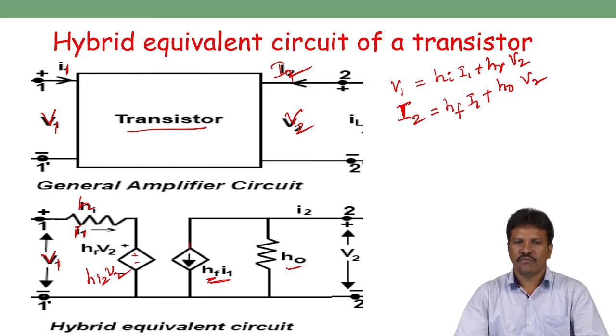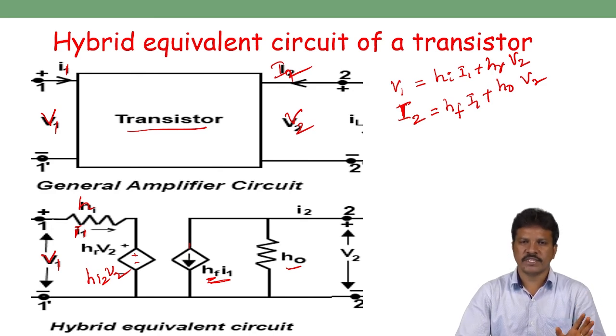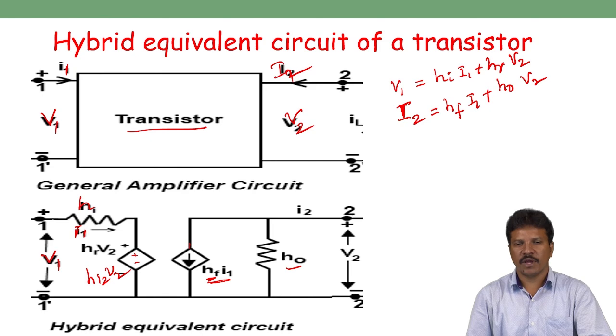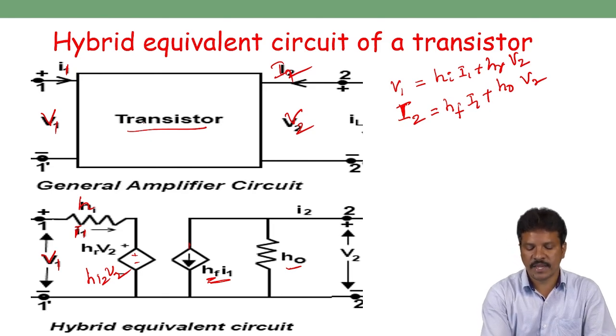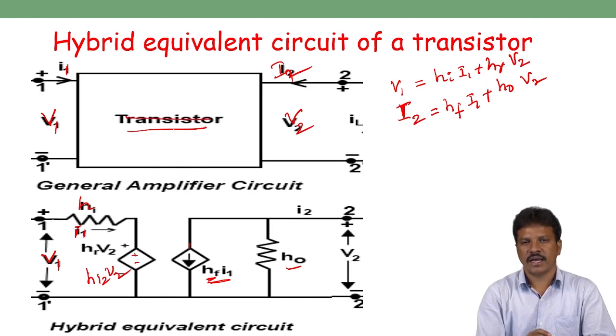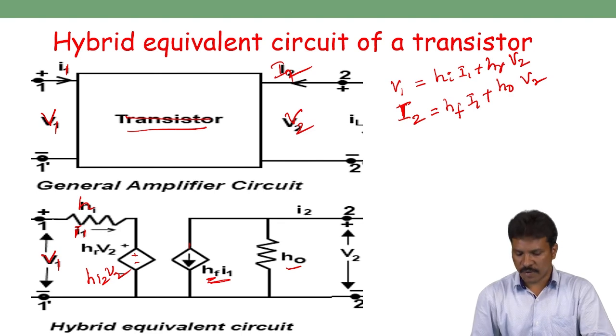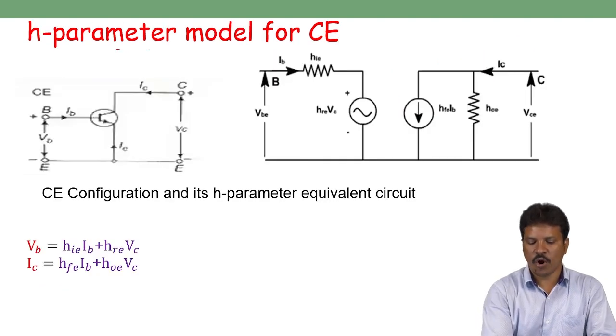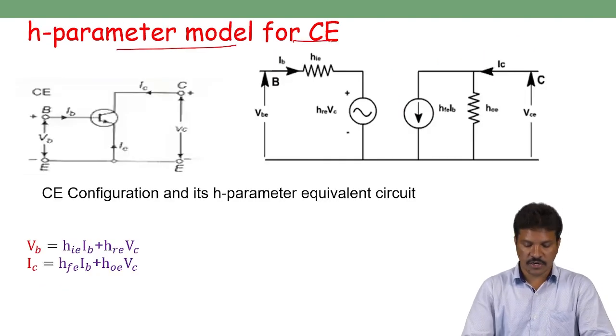What if we connect the transistor in common base configuration or common emitter configuration or common collector configuration? Let us see one by one, when we replace this transistor and connect it in common emitter, common base, common collector. H parameter model for common emitter configuration.